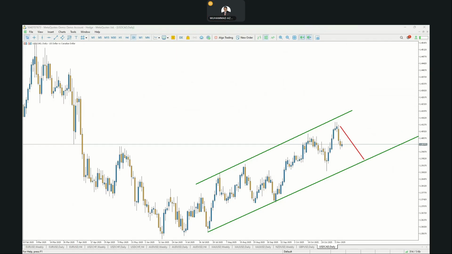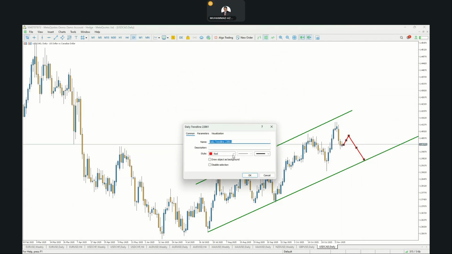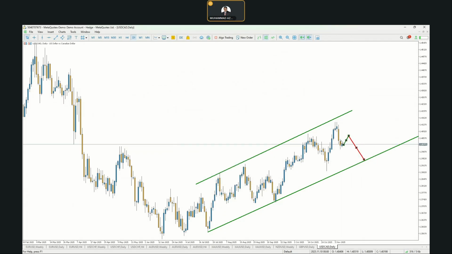Now, if the price shows some sort of sideways price action, like sometimes the market doesn't just go in a straight line, it's possible that price action is probably going to rise up first, create a short-term bullish pullback, and then the market is going to drop.